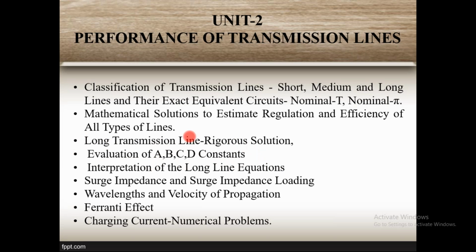In that you will study the ABCD parameters and the relation among these four parameters. Next, interpretation of long line equations: how we can use these ABCD parameters in terms of equations in long transmission lines.